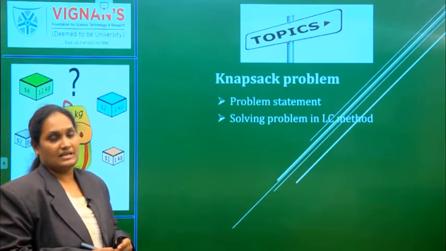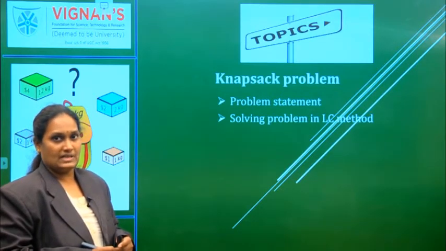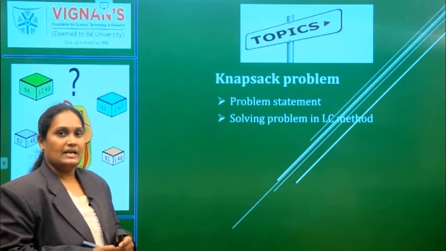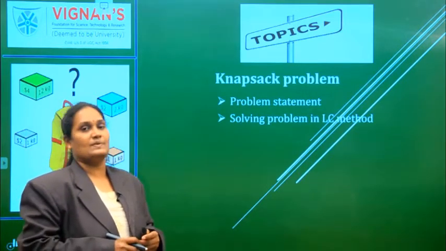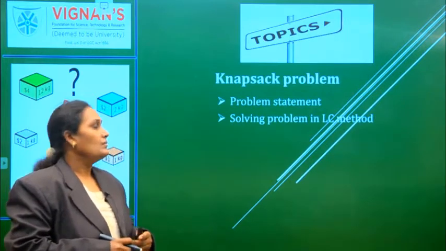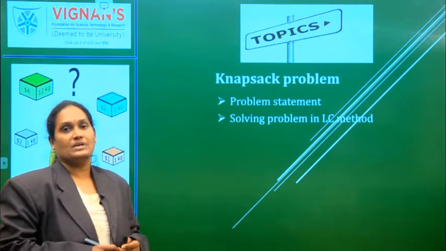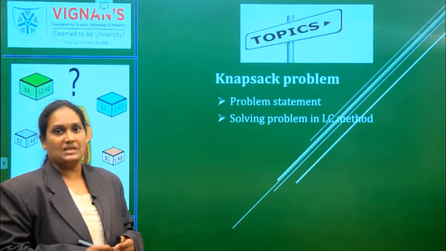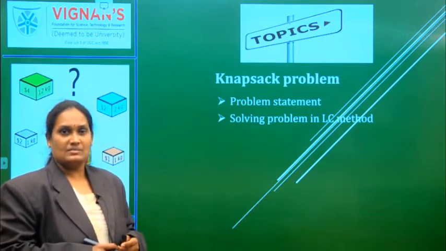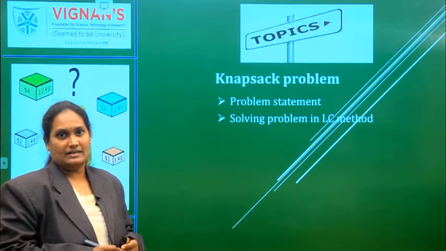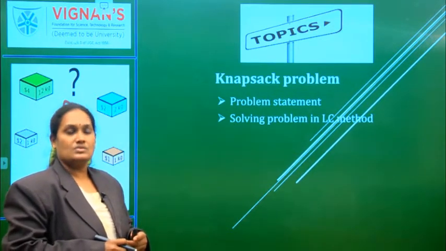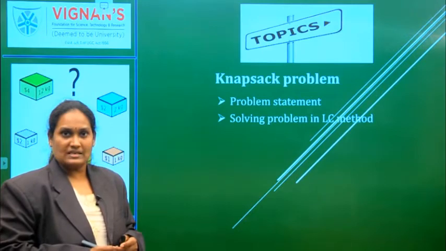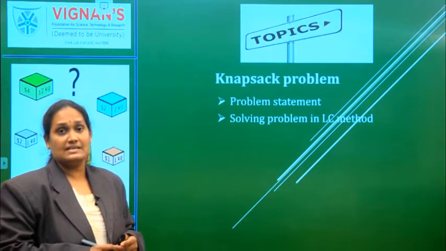If you go for FIFO and LIFO in the case of traveling salesperson, it becomes a complex problem, so we did not explain FIFO and LIFO there. But in the case of the knapsack problem, we are going to solve it in all three methods: LC method, FIFO method and LIFO method. In this session, we are going to see how to solve the knapsack problem using the LC method, that is the least cost method.